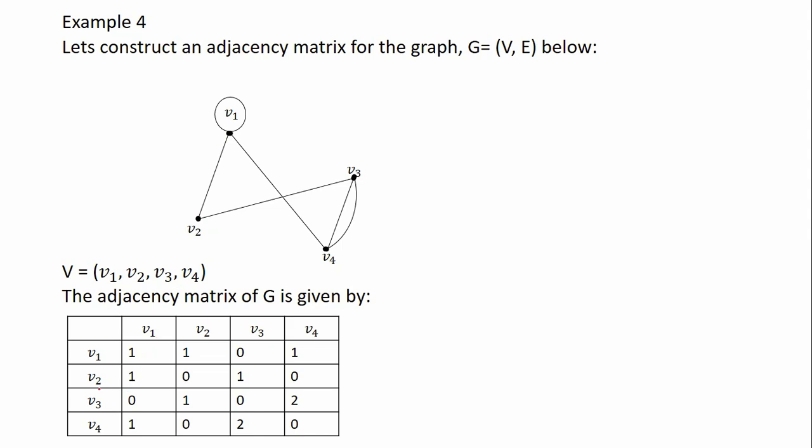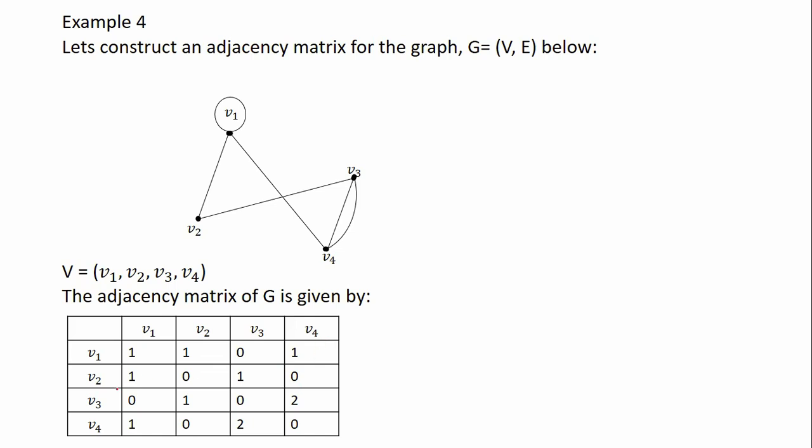Then V2, V2. Since there's no self loop here, there's no edge that connects V2 to itself, therefore you get 0 there. Then V2 to V3. There's a connection, so you get 1. Then V2 to V4. There's no connection, so 0.